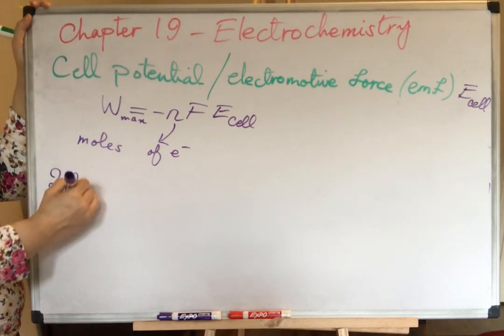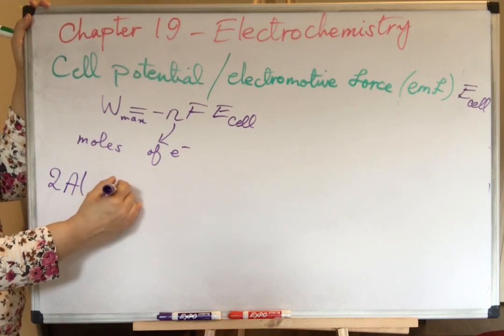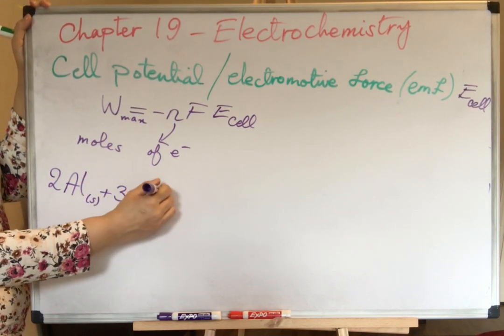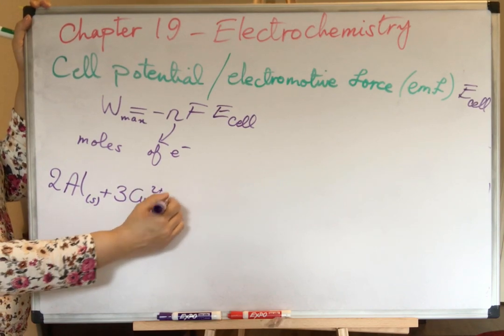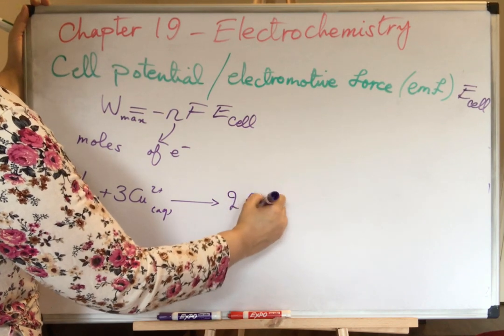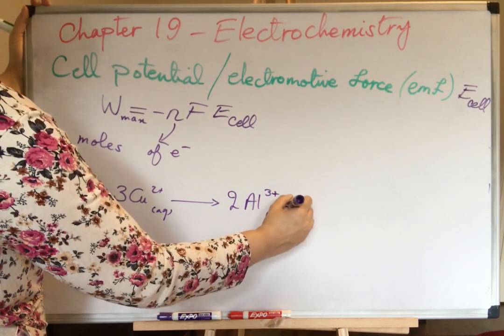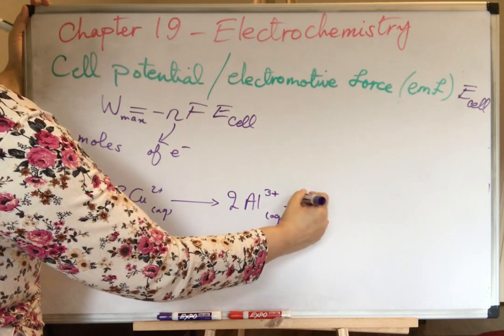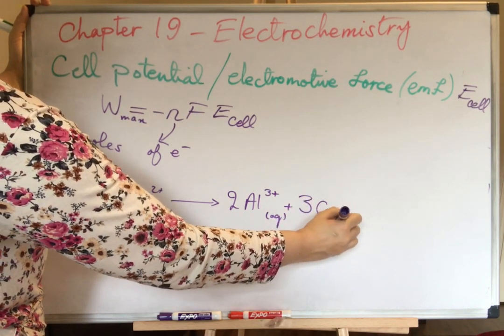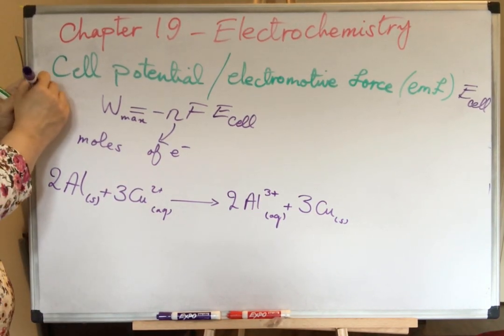So 2Al plus 3Cu2+ gives 2Al3+ aqueous plus 3Cu solid. I'm working on slide number 55.